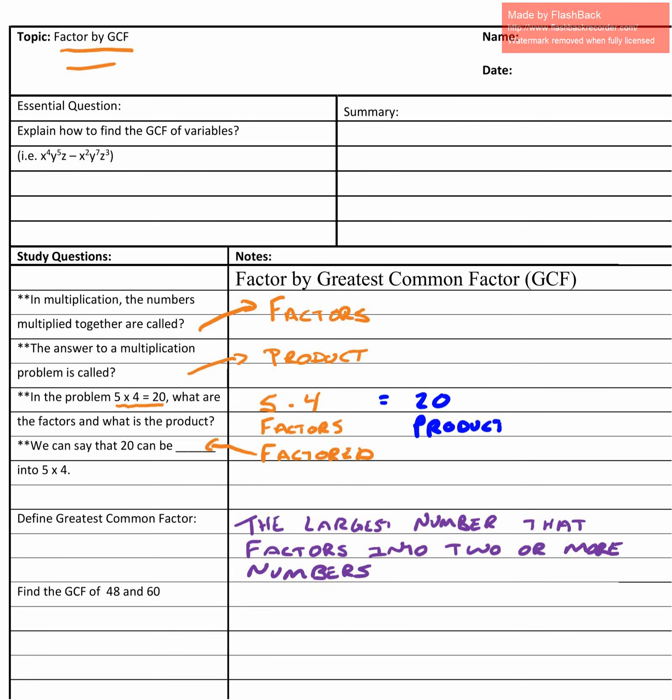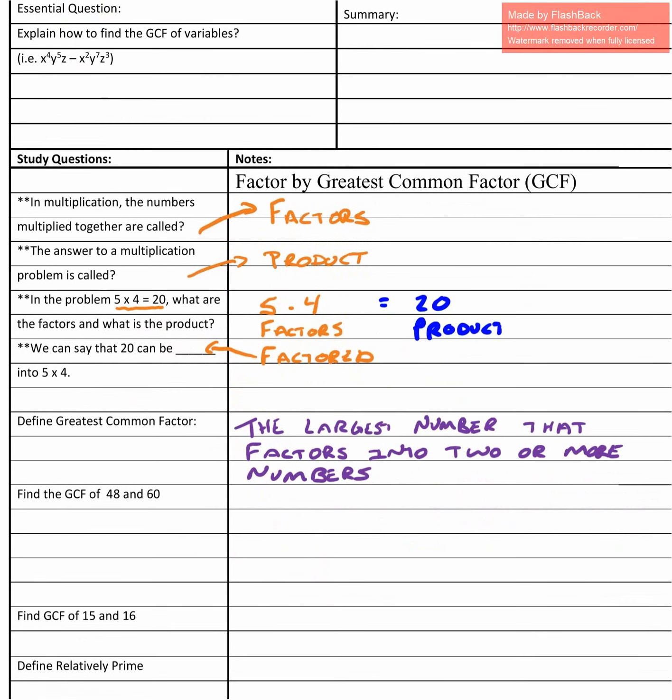All right, so that's what greatest common factor is. And so to find the GCF, think of our definition. We're trying to figure out what is the largest number, aka factor, that will go into both of these numbers.